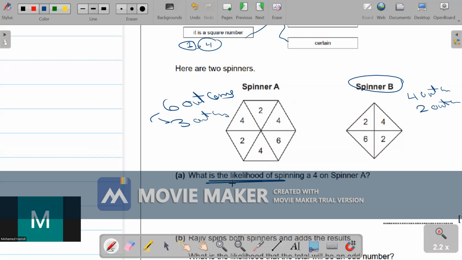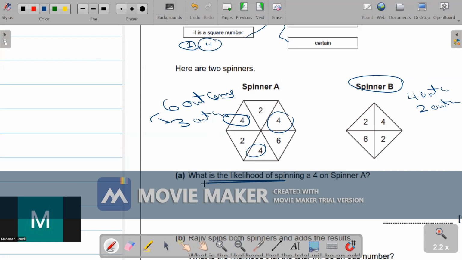What is the likelihood of spinning four on A? The question is now how many sections the four has, or how many sections you can find the four on. You can find that number four has three sections or three outcomes.